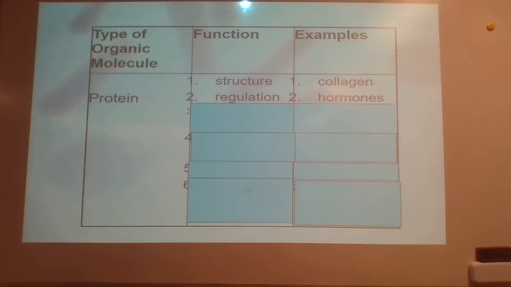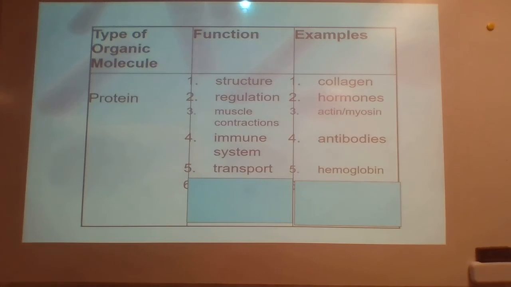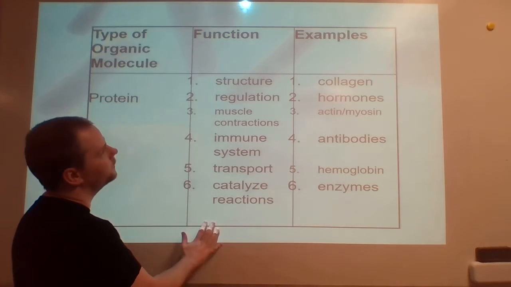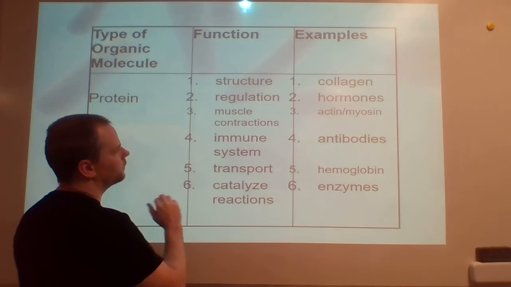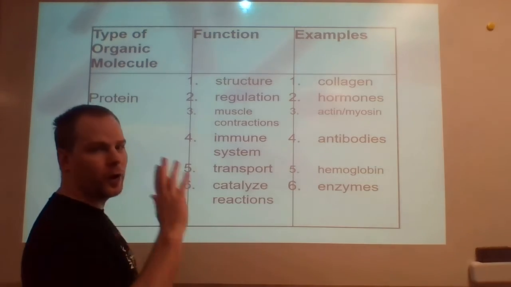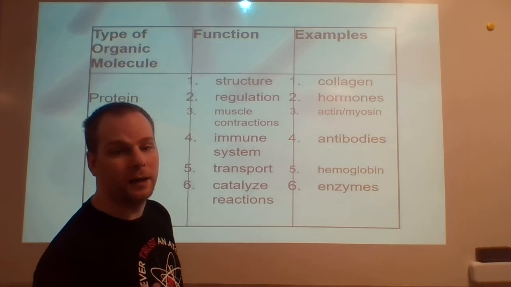Okay, and proteins. There are so many proteins in your body, and they do hundreds of thousands of different things. These are your 6 primary functions: structure, regulation, muscle contractions, immune system, transport, and catalyzation of reactions. The main structural protein in your body is collagen.